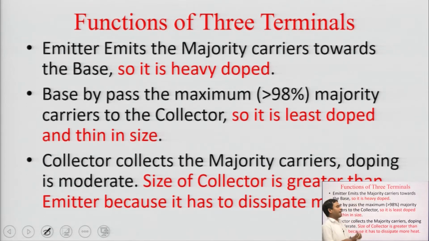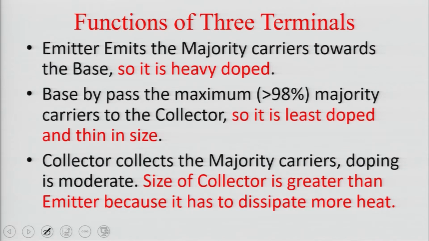Since the emitter has to emit the majority charge carrier, the doping of the emitter layer should be maximum amongst the 3 layers, so we can say that the emitter is the heavily doped layer. Now what about the size? The size of the emitter is kept moderate, that is, the size of the emitter is less than that of the collector.